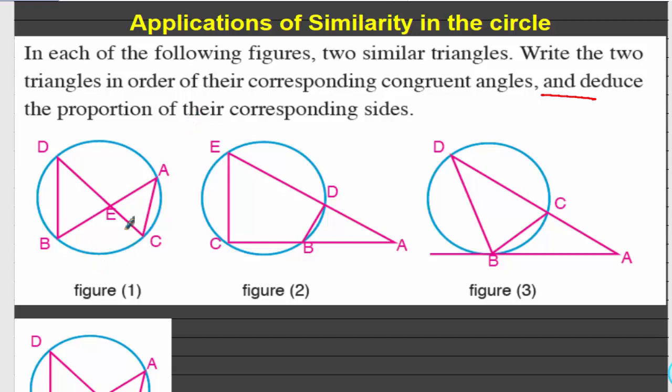Here in figure 1, we have measure of angle A equals measure of angle D. The two angles are subtended to the same arc BC, and the measure of angle B equals measure of angle C, subtended to the arc AD, and also the third angle, measure of angle AEC equals measure of angle DEB.